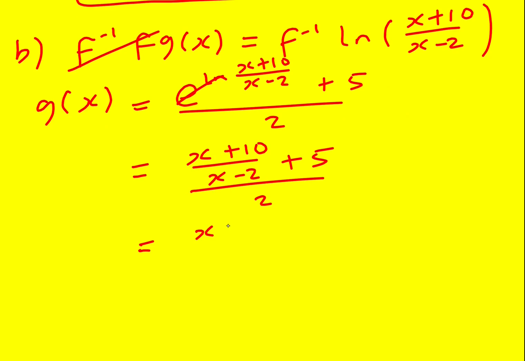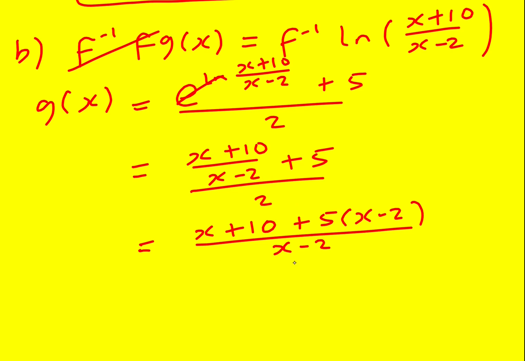I'm going to get it over a common denominator of x − 2. So it's going to be (x + 10 + 5(x − 2)) all over (x − 2), and this is all over 2. Because I'm dividing by something and then dividing again, it's the same as multiplying the 2 and then dividing, so you can just put the 2 here.